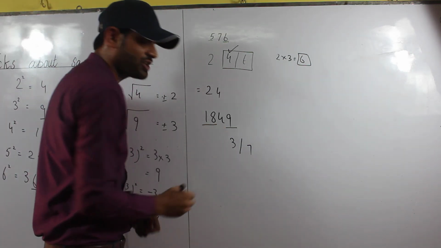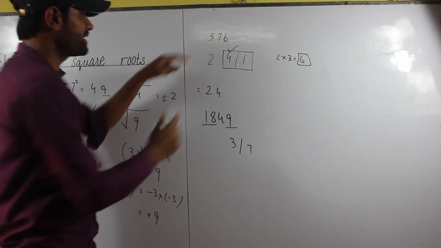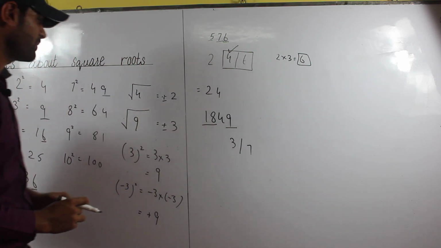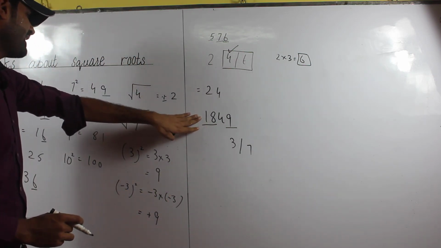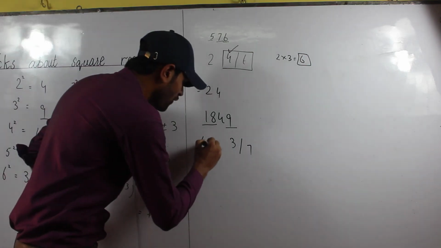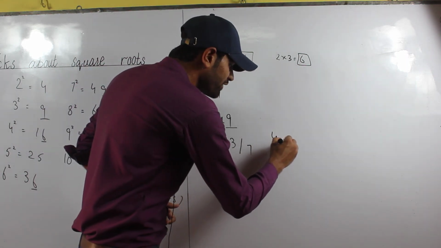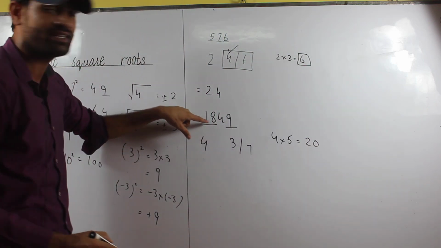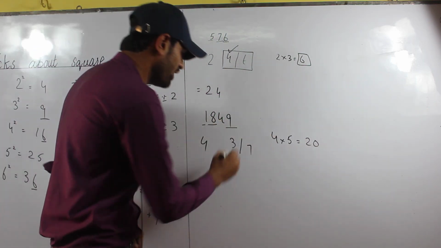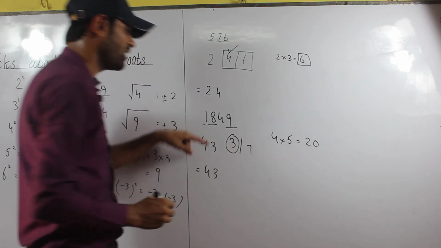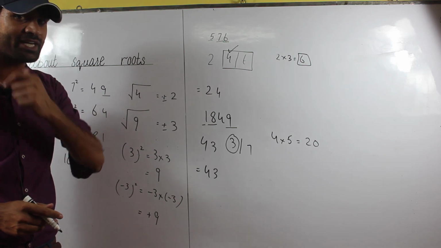Then I check the remaining part, 18. 18 is near to 16, the square of 4, so here it must be 4. Then I multiply 4 with the next number, 5. 4 fives are 20, but 18 is less than 20, so I choose the smaller number, 3. So 43 is the square root of this number. I just choose a complete perfect square.